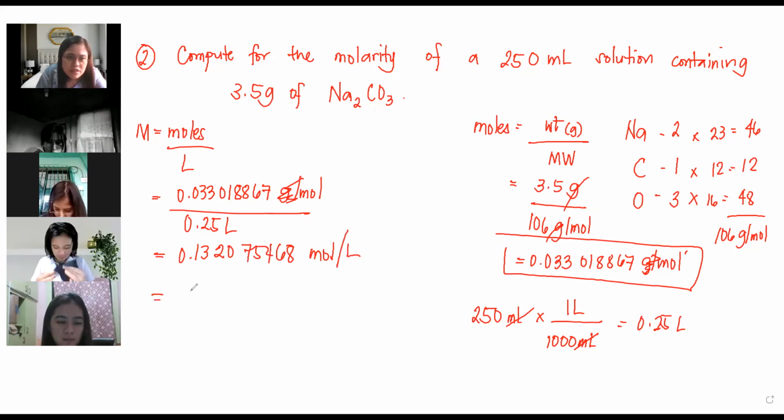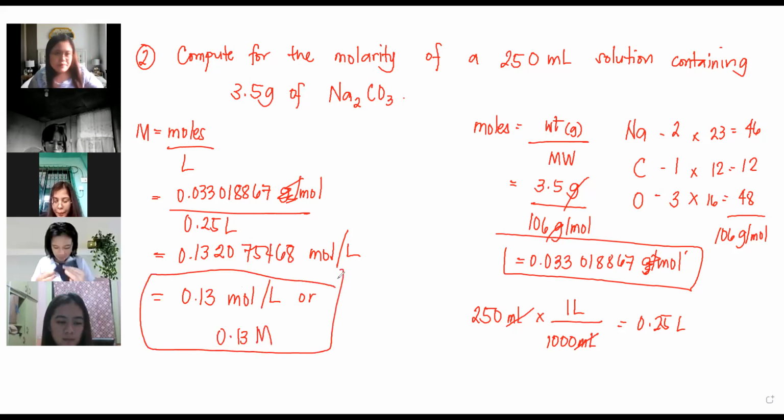Or according to my instruction, 2 decimal places. So this is 0.13 moles per liter or 0.13 capital letter M. That's how you compute for the molarity of the solution. Questions?